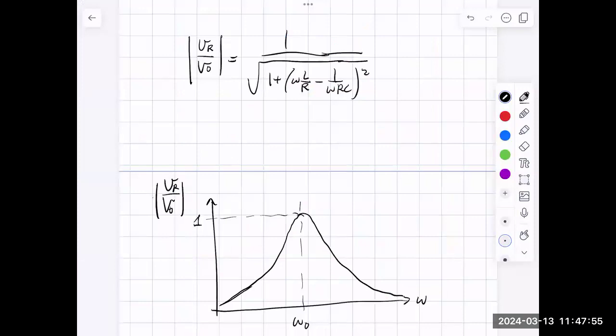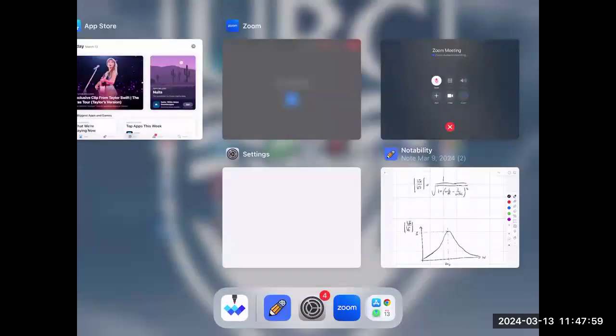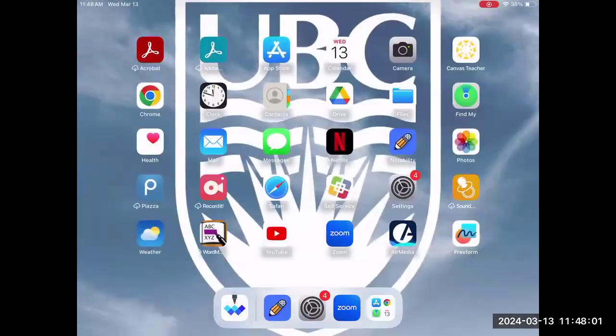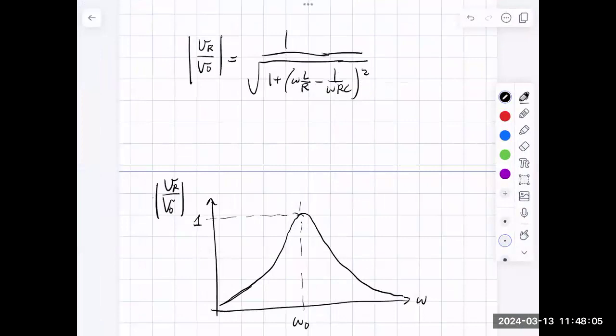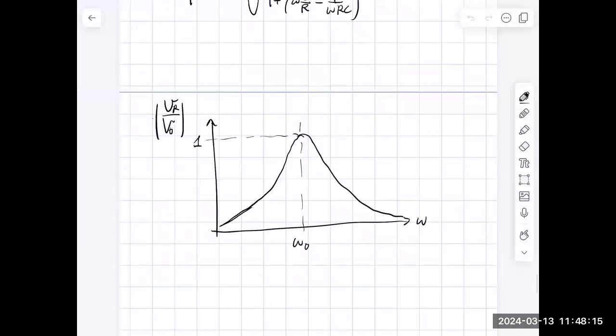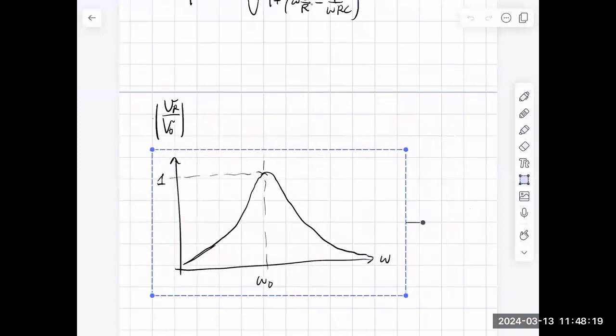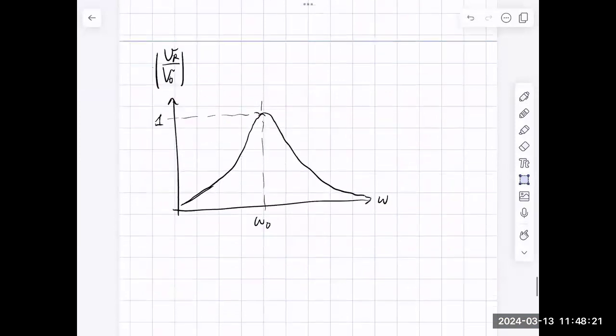Oh, okay, I can't scroll. What I'm going to do, just close it completely and bring it back up. Okay, all right, we're back again. There we go. That's what I wanted to do.